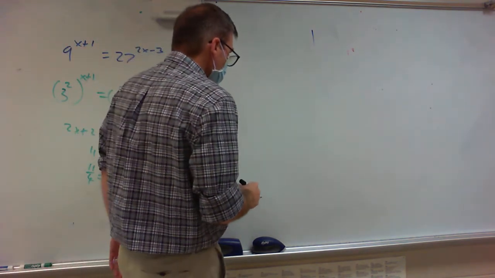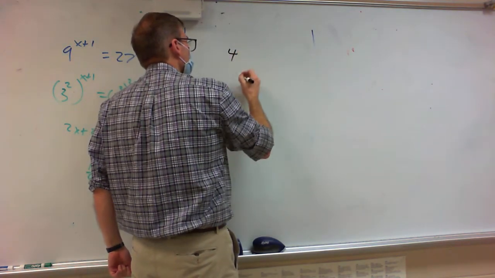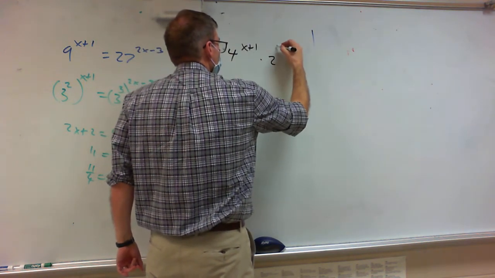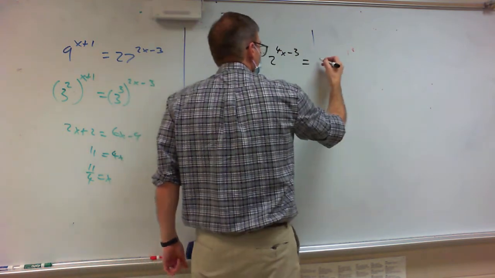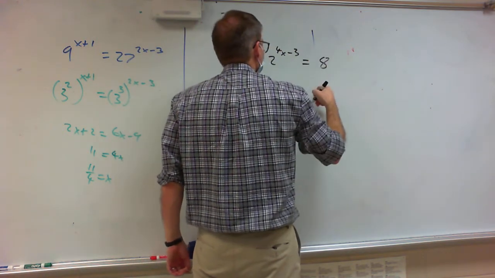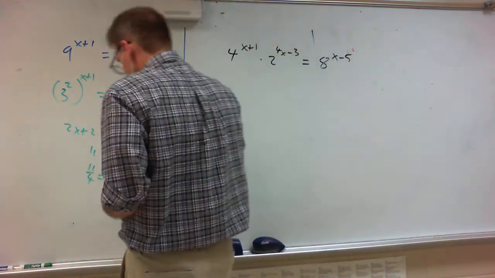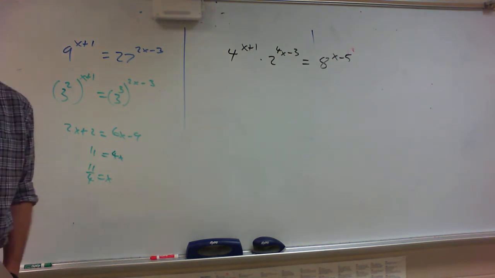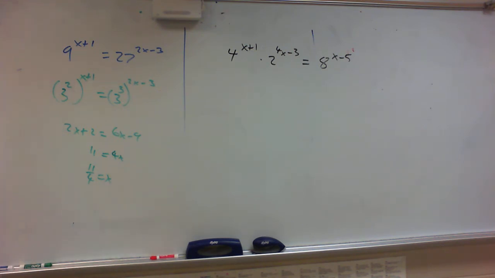What if I gave you 4 to the x plus 1 times 2 to the 4x minus 3 is equal to 8 to the x minus 5? A little harder, right? Well, sort of. It's kind of the same thing.